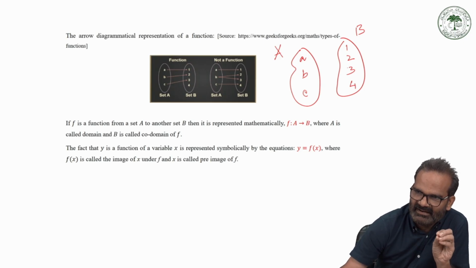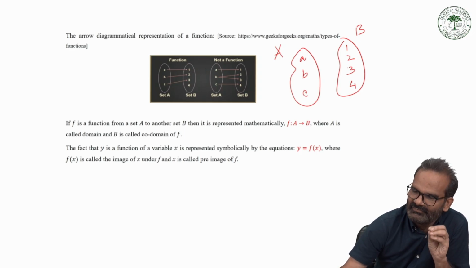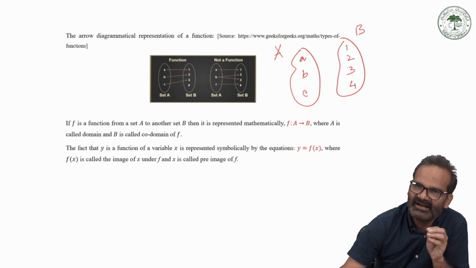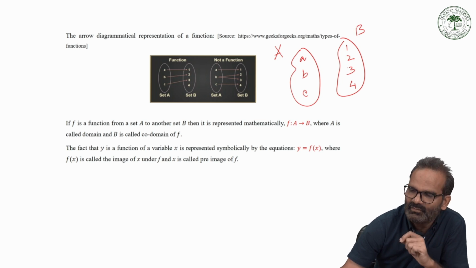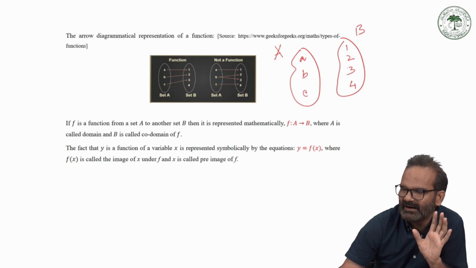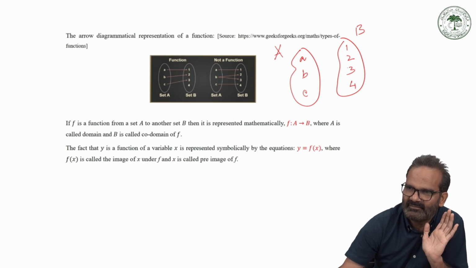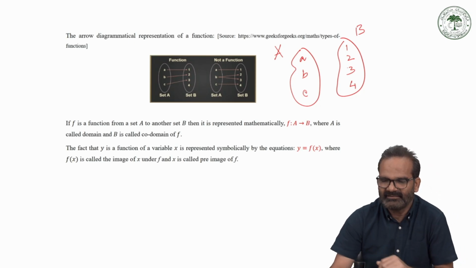A set is finite if it contains a finite number of elements, and infinite if it contains an infinite number of elements. So the set may be finite or infinite. Number 2, these two sets may have the same number of elements or different numbers of elements. It is completely immaterial, right?